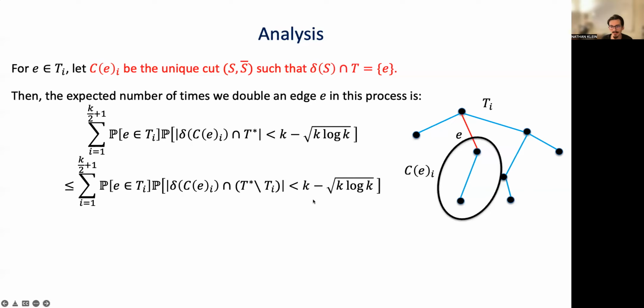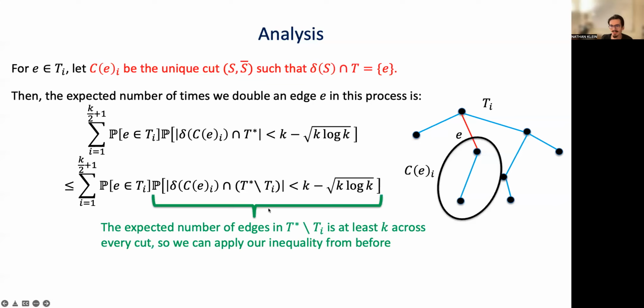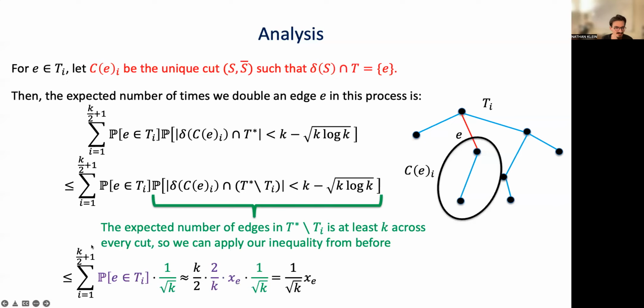Now, ignoring Ti, this is upper bounded by the probability that the remaining k over 2 independently sampled trees have fewer than this number of edges across the cut. But this is exactly our corollary. The k over 2 trees have at least k edges across C_e^i in expectation. So the probability they have fewer than this is, as we said, at most 1 over square root k. And plugging this all in and ignoring this plus 1 here, this is equal to 1 over square root k times x_e, as desired.